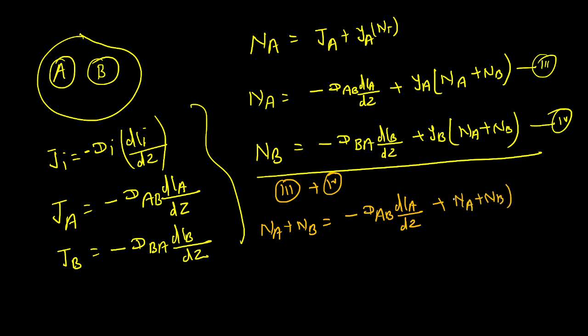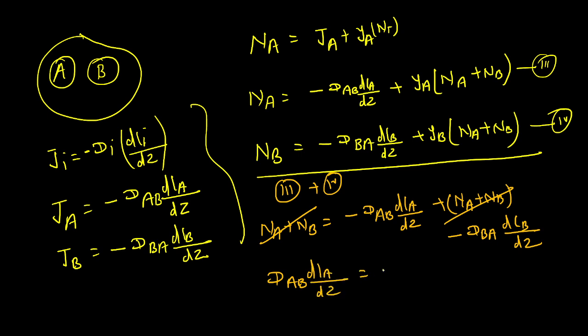Already I have done this earlier, and again that will be equal to minus DBA dCB by dz. So this term and this term will get cancelled out. So can I write here DAB dCA by dz plus DBA dCB by dz is equal to 0.